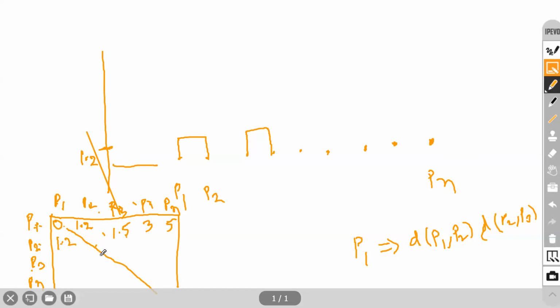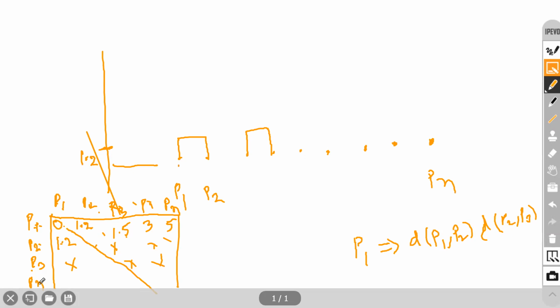Suppose the whole matrix is there with some points, and we check in the matrix. Because P1 is already merged with P2, P1 and P2 are not available right now individually. So we will check the other points to see whether they have a lower distance or not.